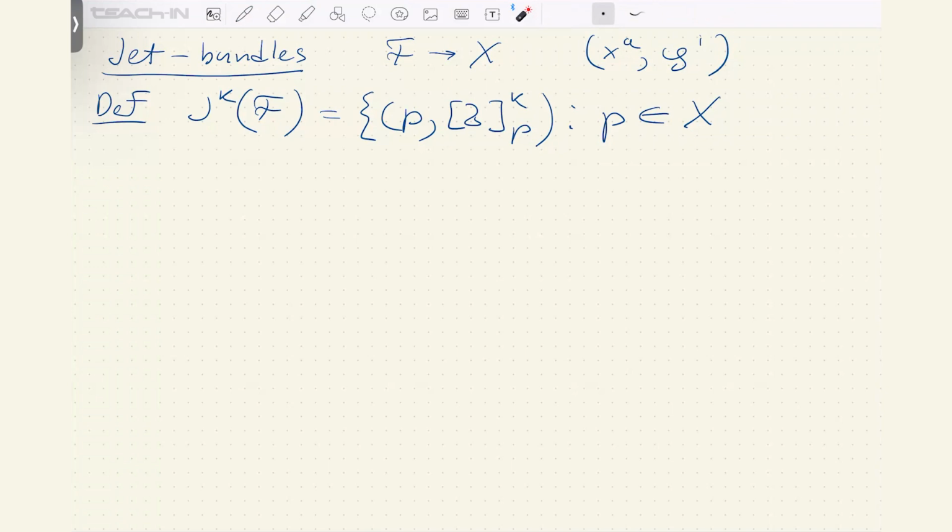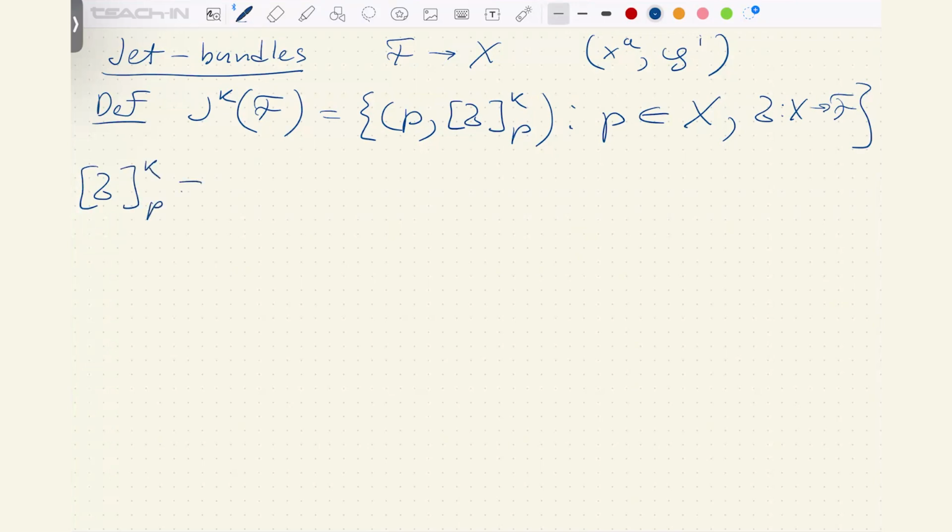But what is the equivalence class? Let me write it. Sigma is a section, so it's X to F. We say that the equivalence class of sigma at p equals the equivalence class of sigma prime.